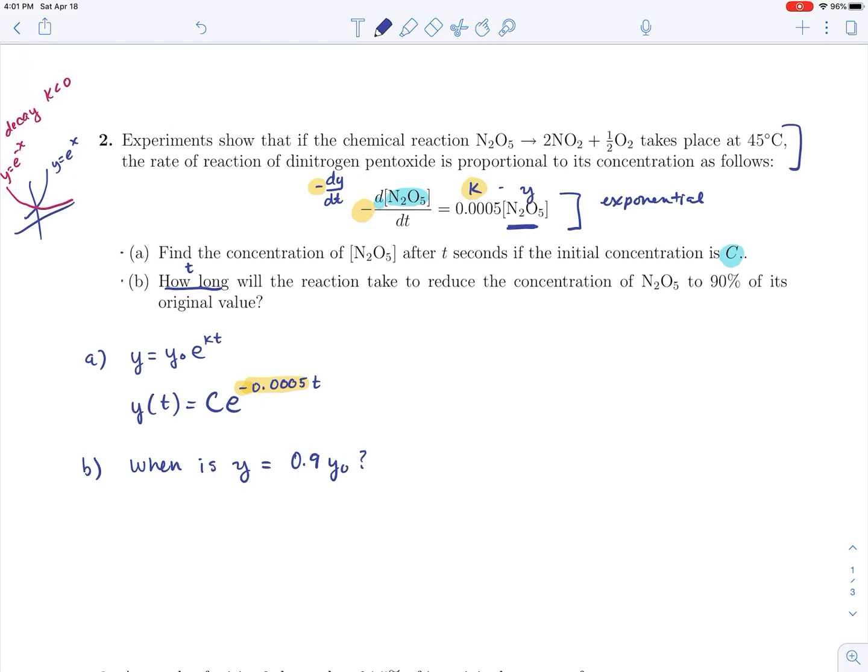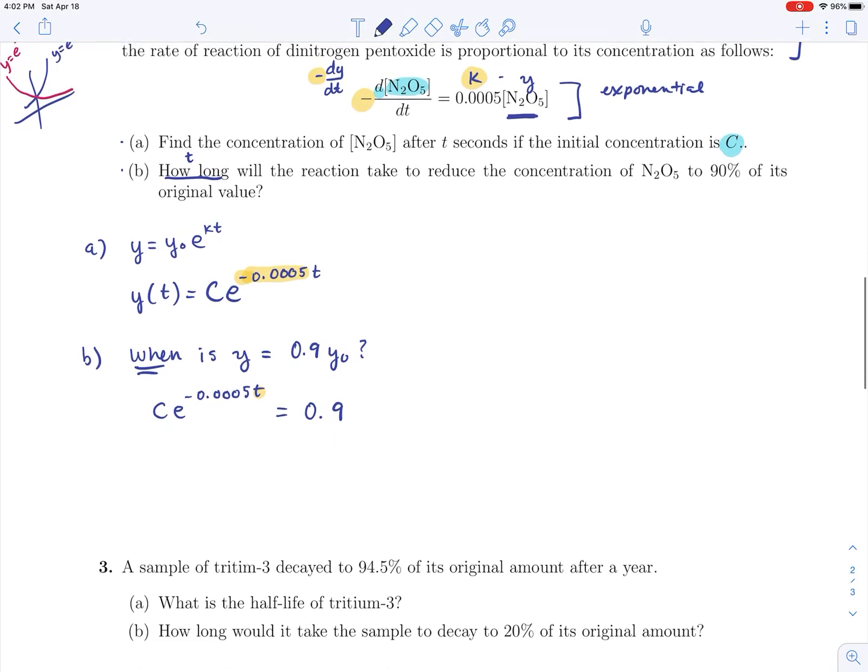So we're going to have C e to the negative 0.0005t equal to 0.9C, and we're going to solve for t.